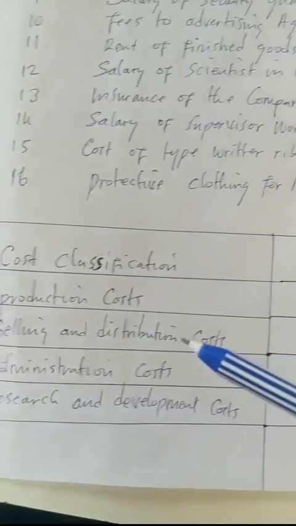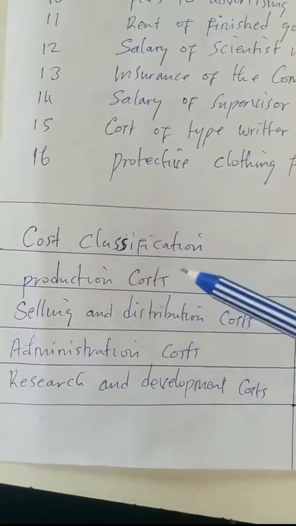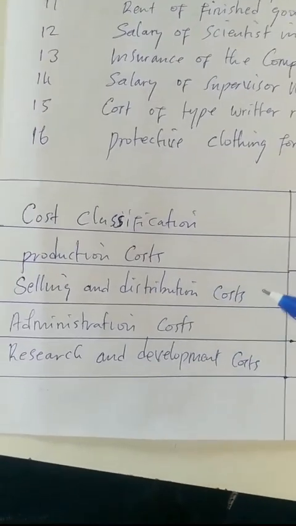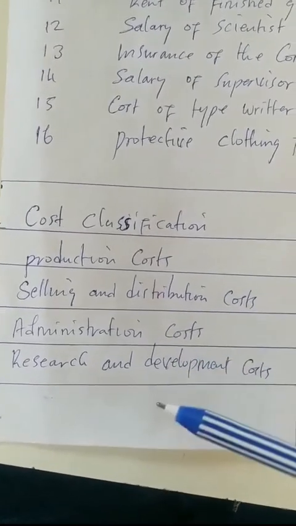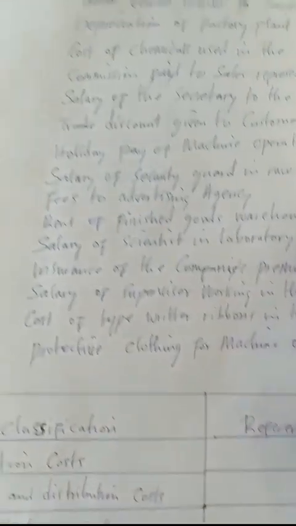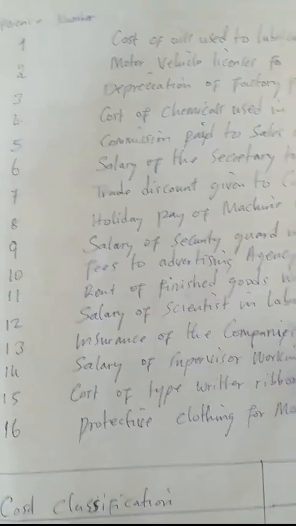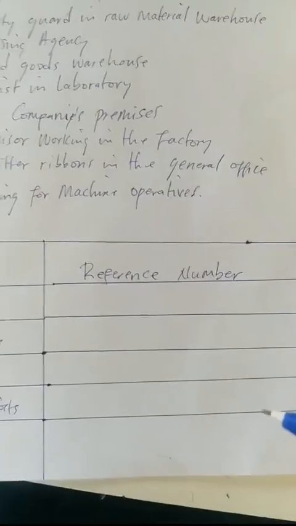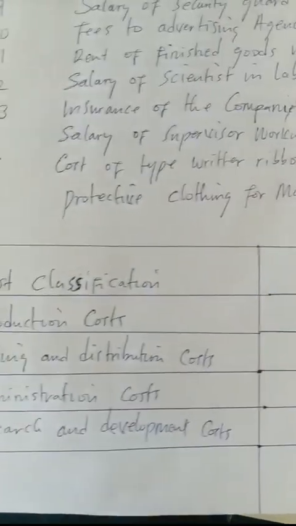Okay, so I have production costs, selling and distribution costs, administration costs, research and development costs. So let's read through these costs and be able to put in the reference numbers here according to where they belong.